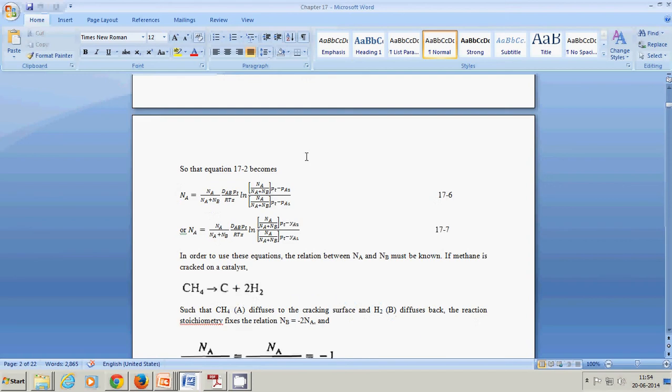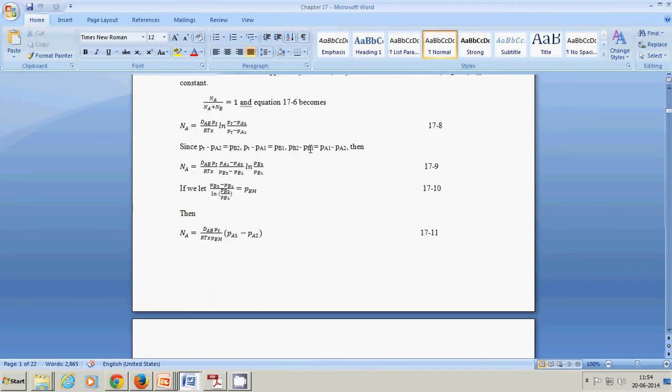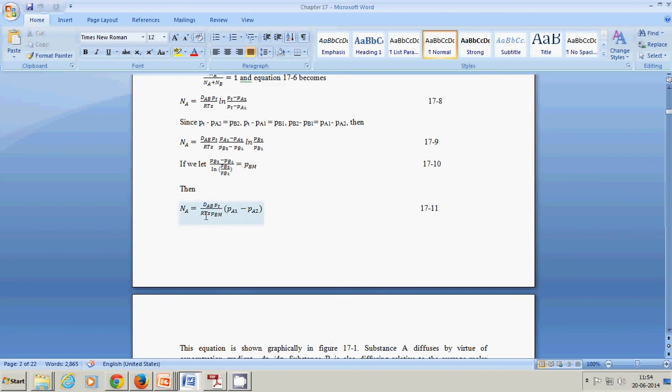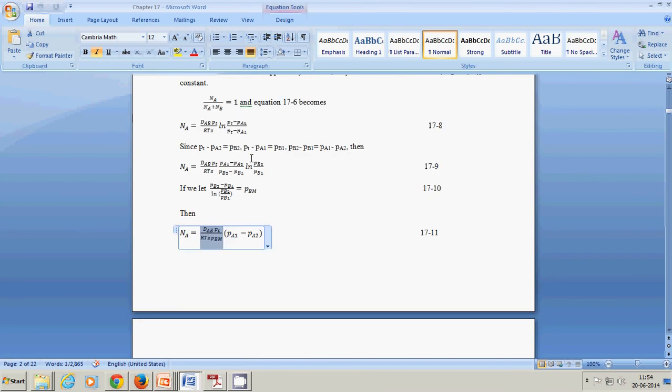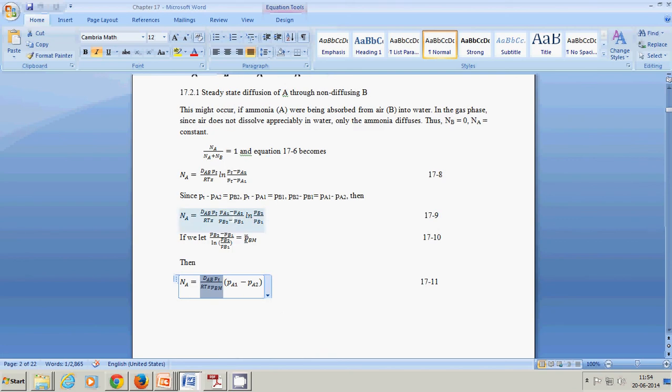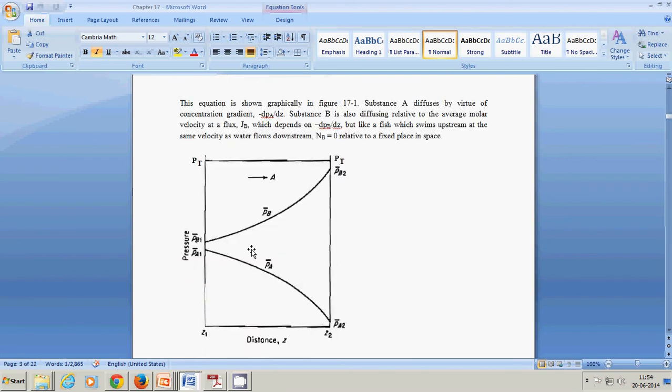In that particular case, applying Fick's law, we obtain the expression for flux as NA equals DAB Pt by RTZ into (PA1 minus PA2) divided by PBM, where PBM is the log mean pressure difference. Now this equation is depicted graphically.